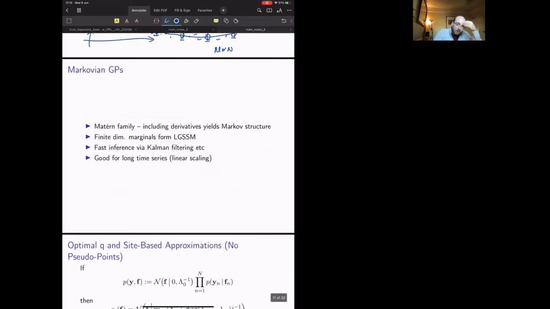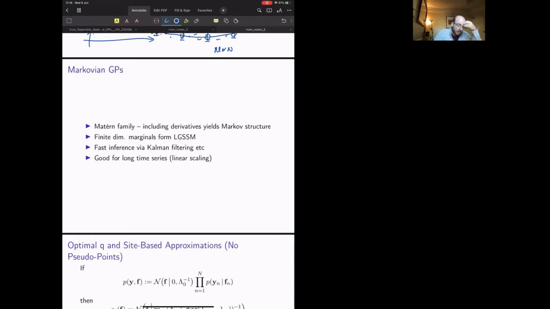A separate class of approximations, or just some GPs that have this property, such as the half-integer Matérn GPs. You can take your time series GP and approximate it as a state space model, as an SDE, specifically a linear SDE, and the finite-dimensional marginals are just a Gauss-Markov model.